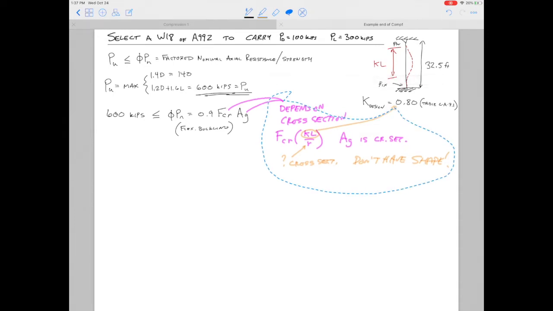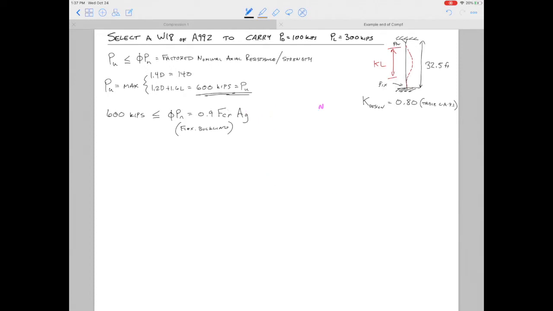What are our choices? Well, we don't really have very many choices. So what we do in this case is we guess. Let's guess an F critical. I'll say F critical 1 is equal to, let's just say, 2/3 of Fy. This is a good starting point.